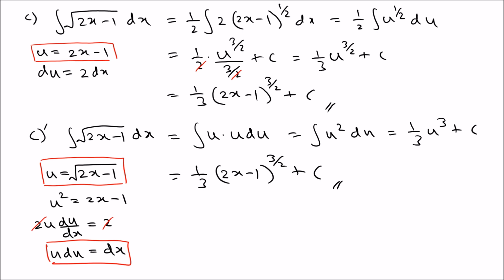Okay. So let's do more. So the next one, D. How about this problem? x times the square root of 1 minus 9x squared, dx.